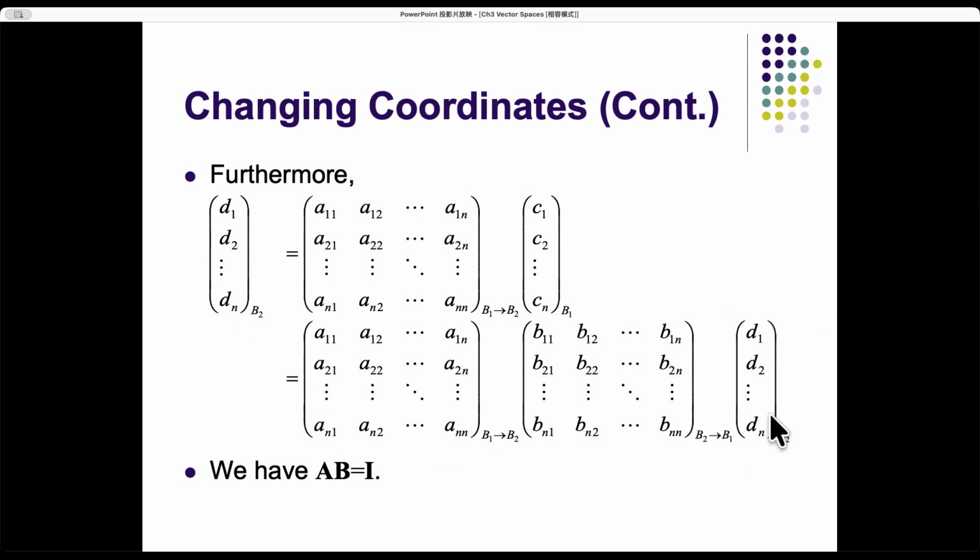Not only that, D1 to Dn can be arbitrary values, so the only possibility is that the multiplication of these two matrices has to be the identity matrix. In other words, these two transformation matrices are inverses of each other.